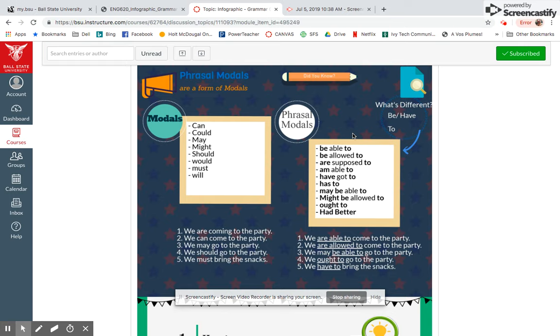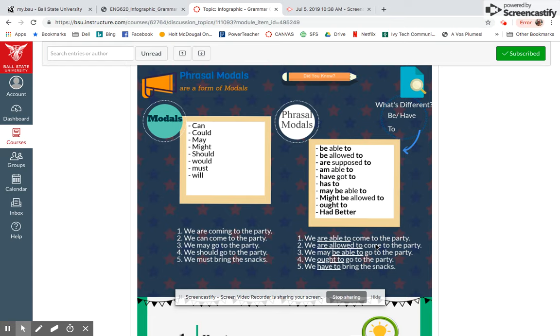Here, good job on differentiating between a simple modal and a phrasal modal. Your sample sentences demonstrate what we had learned with phrasal verbs and how you can replace a phrasal verb with another verb that's only one word.